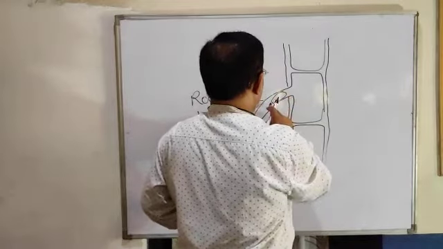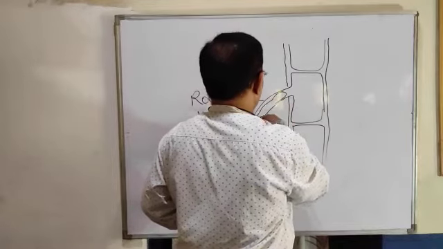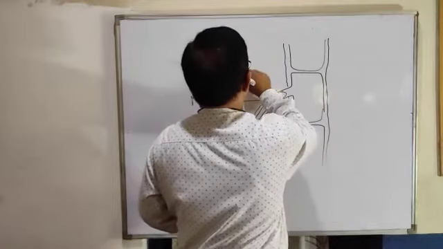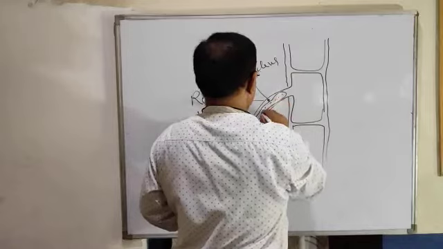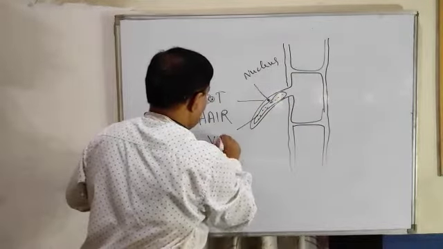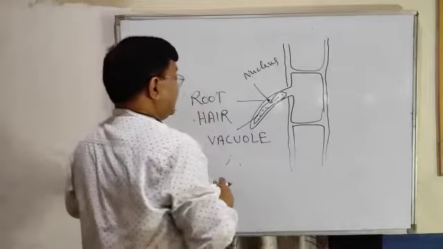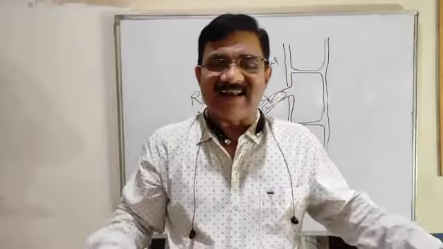Vacuoles are very large. This part is the vacuole. And dear children, you must have read that plant vacuoles are larger.